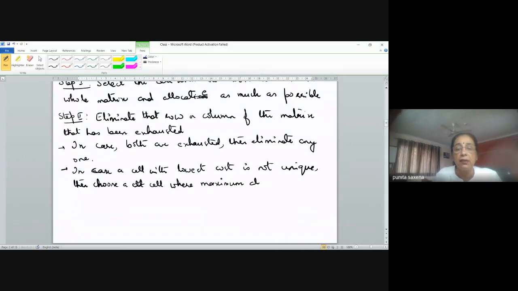Because the more allocations we make at once, the sooner the problem will be solved, right? So then we choose a cell where maximum allocations can be made.